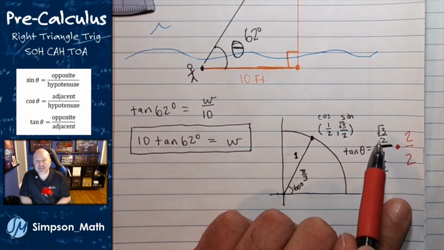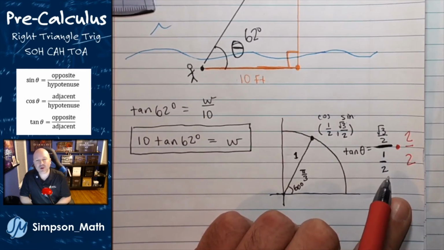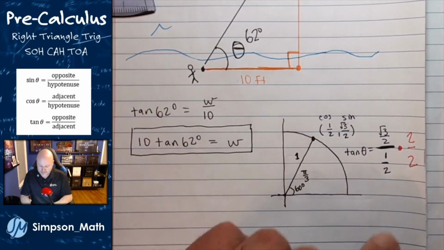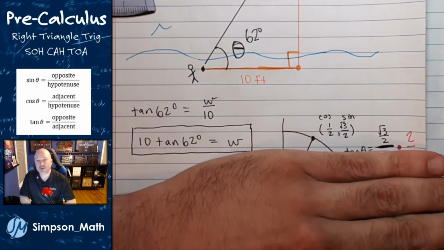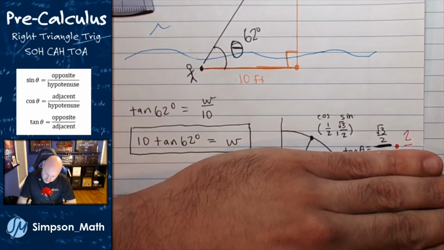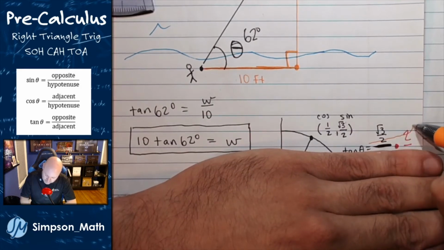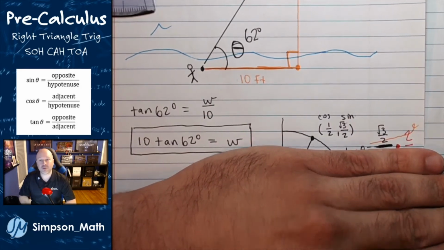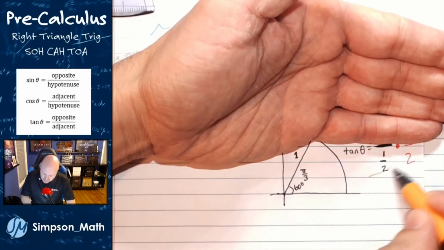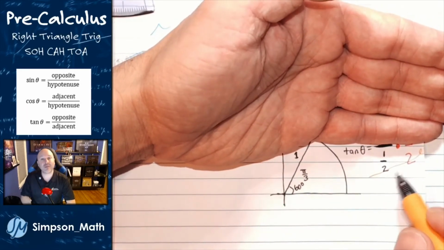I'm trying to get rid of these denominators in the fraction, so that 2, I can kill those off by multiplying by 2 over 2. It's going straight across. Root 3 over 2 times 2, the 2's will reduce, leaving me with root 3. In the denominator, 1/2 times 2, the 2's reduce, leaving me with 1.